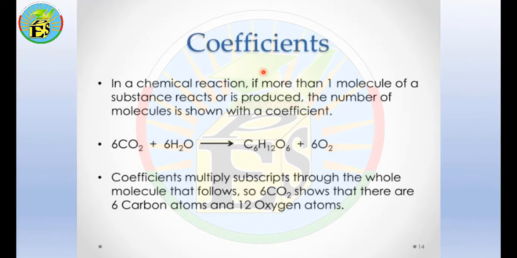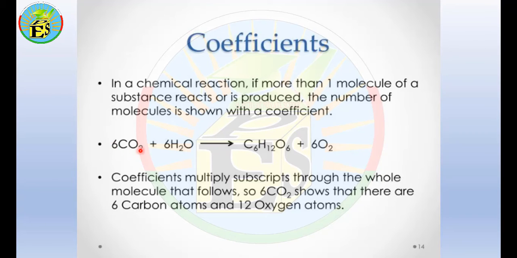Coefficients. In a chemical reaction, if more than one molecule of a substance reacts or is produced, the number of molecules is shown with a coefficient, like this. This 2 or 6, this is a coefficient.